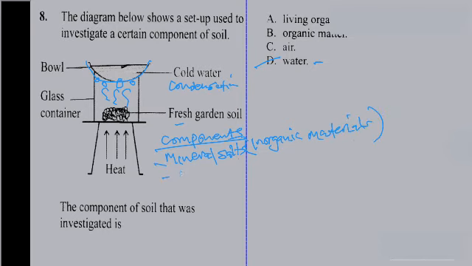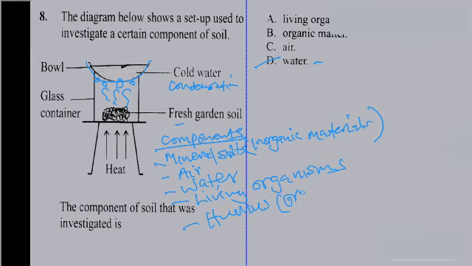We have air, we have water, we have living organisms, and then we have humus, or what we now call organic matter.